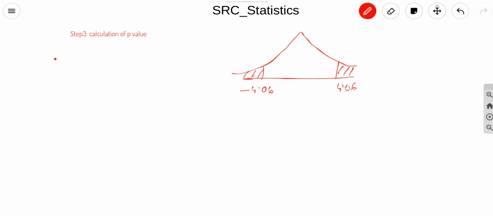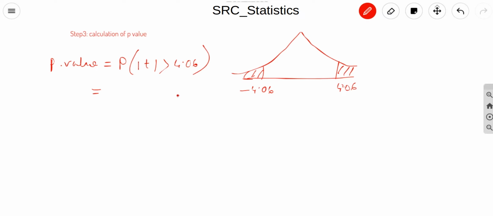So what is the formula for p-value? The formula for p-value is probability modulus of T greater than 4.06.